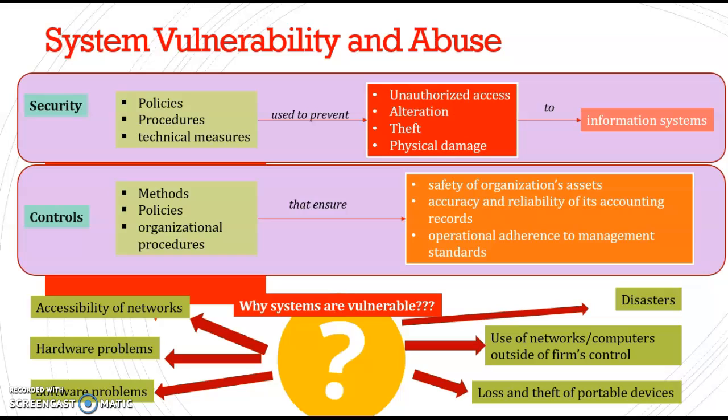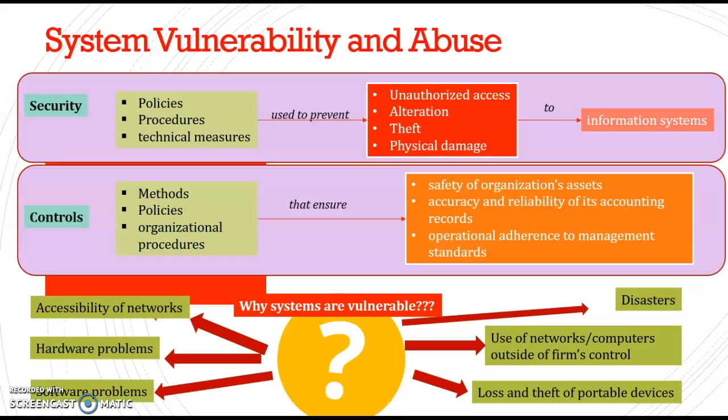So to the information system, they try to make sure that the information systems are faulty and cannot be read. This is what we call security. We control it in terms of methods: the policy and the procedure.